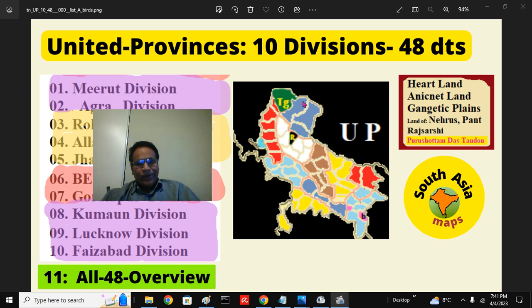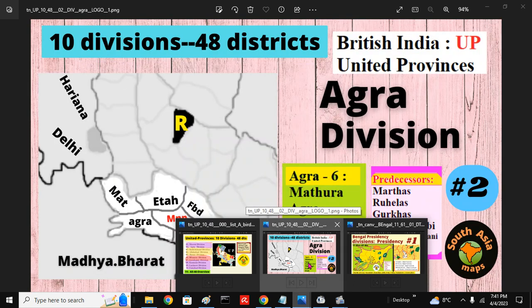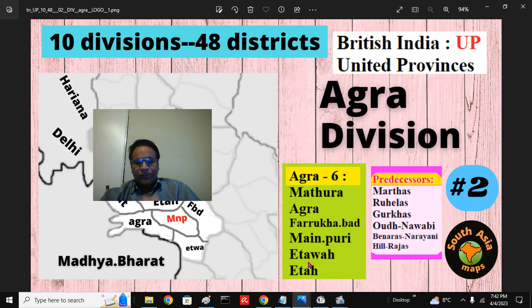This is the core region, the ancient land, the land of Mahabharata, the land of Ramayana, the land of the Nehrus and Pandit Govind Vallabh Pant, and Rajarshi Purushottam Das Tandon from Prayag Tirtharaj, Allahabad. So it's a very key, important province of modern India, and not only that, the whole planet itself. We'll see why that is so important.